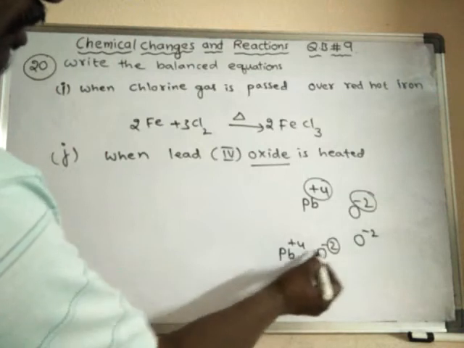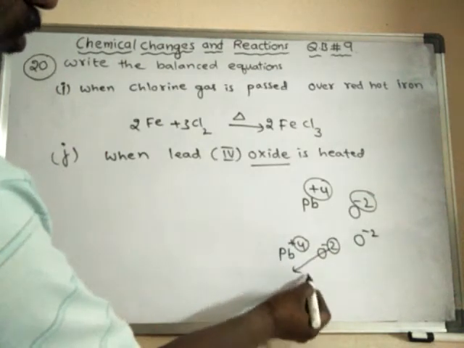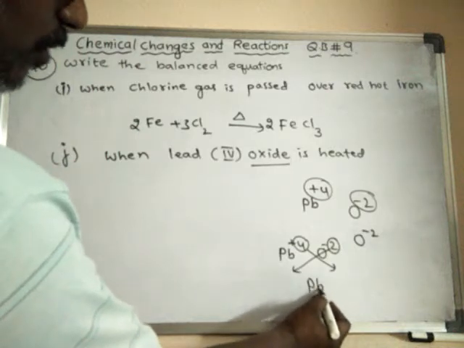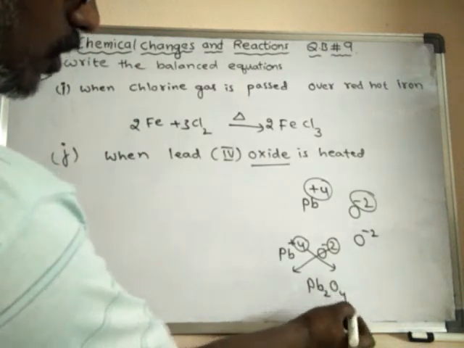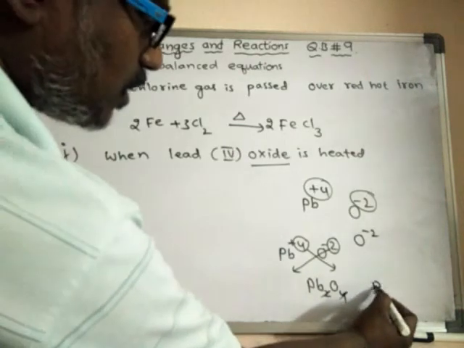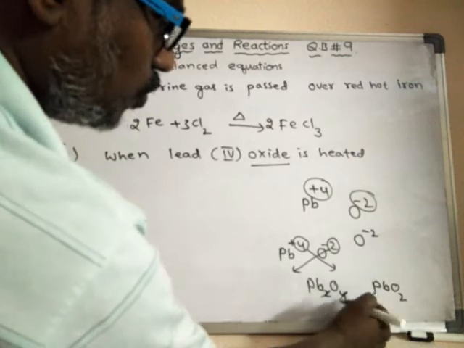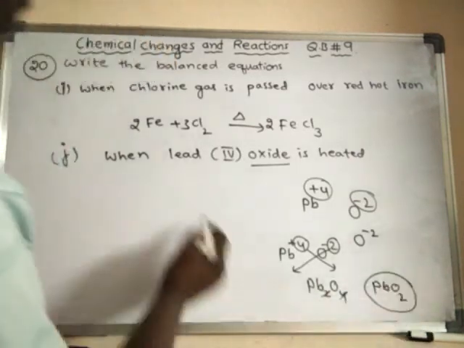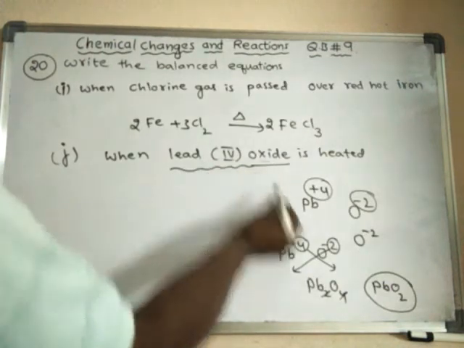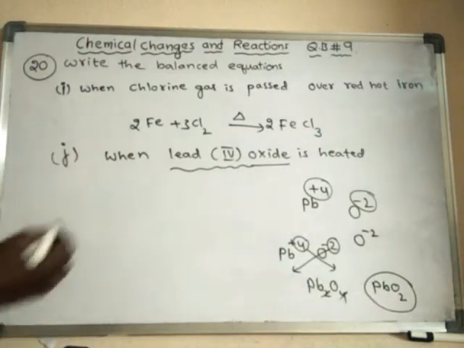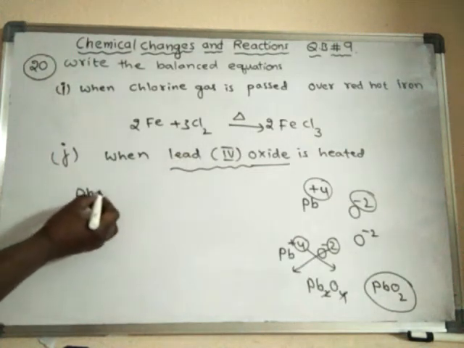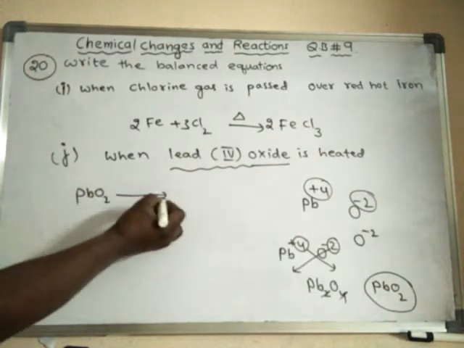Take only 2, bring this 2 here and bring 4 here, so it will become Pb2O4. We can cancel them, so now it will become PbO2. PbO2 is nothing but lead 4 oxide. What is the formula of lead 4 oxide? PbO2. So when lead 4 oxide, that means PbO2, is heated.